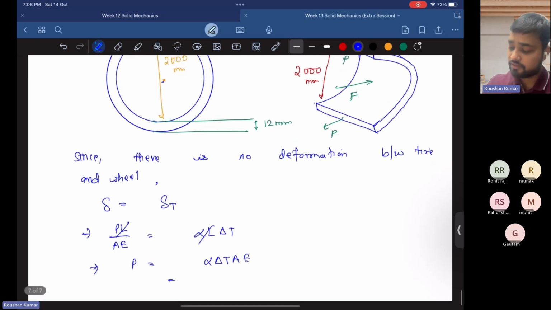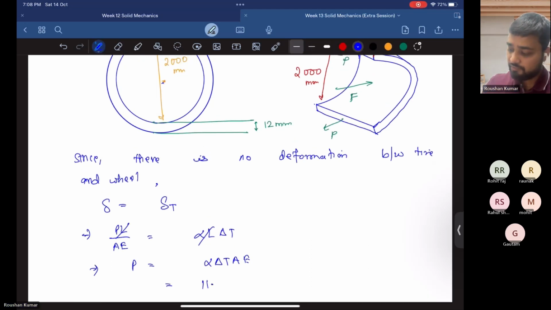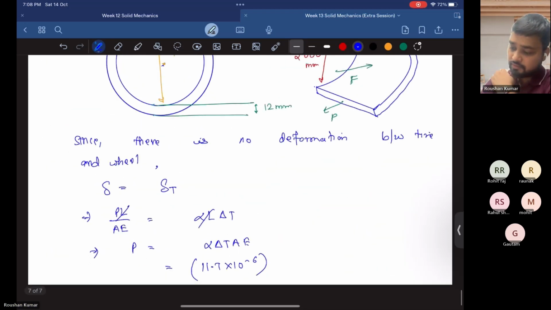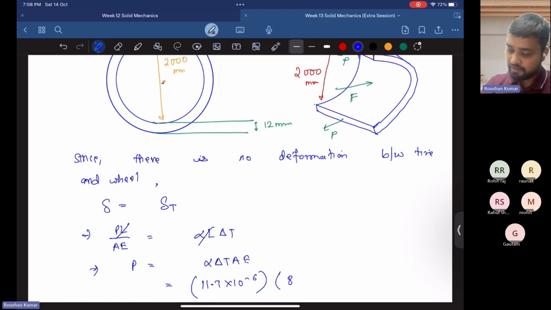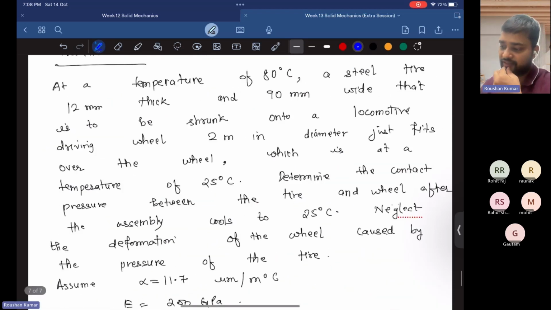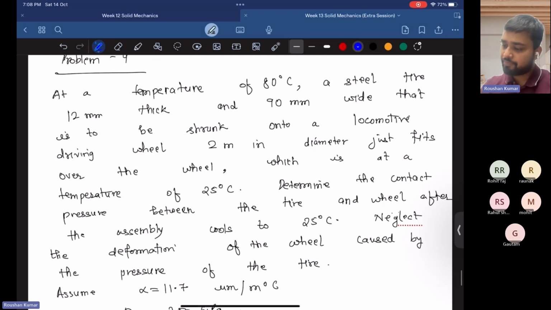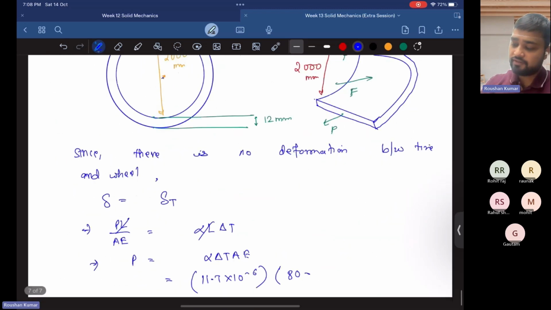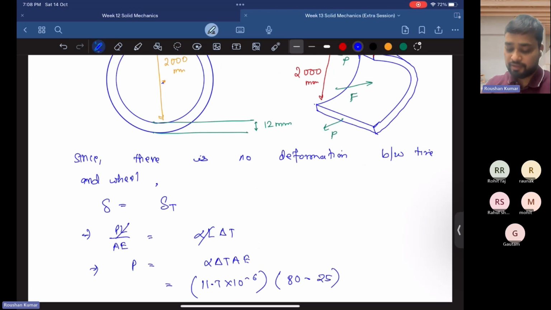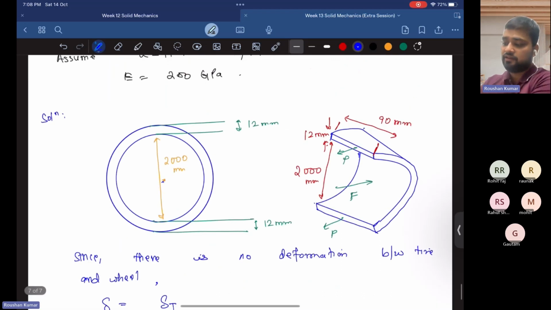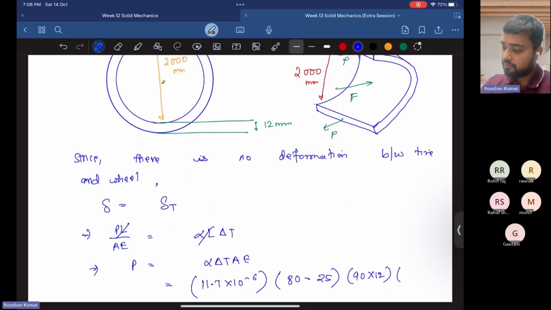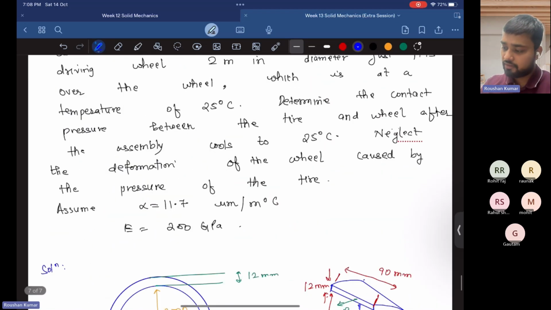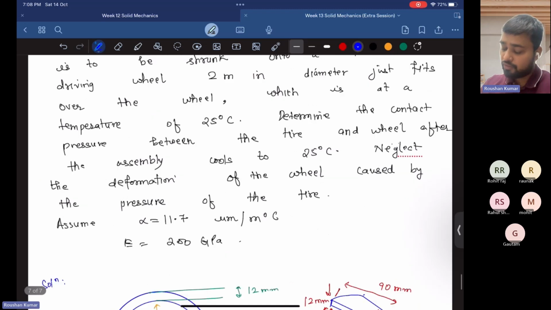So from here, we will find the value of P, which is alpha delta T AE. Alpha is already mentioned in the question, that is 11.7 into 10 to the power minus 6, times delta T. 80 is the initial temperature, and when it cools to 25 degrees Celsius, the temperature change is 80 minus 25, into area, which is 90 into 12, because the area of the tire is 90 wide times 12 thick, into E, Young's modulus of the tire, which is 200 gigapascal.